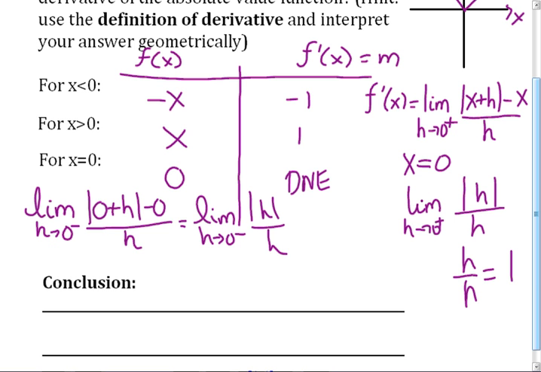Well, what's the absolute value of h from the left? It's negative what? What's the absolute value of x from the left? It's negative x. So this is negative h over h, which is negative 1. They could ask you to do that on the free response.